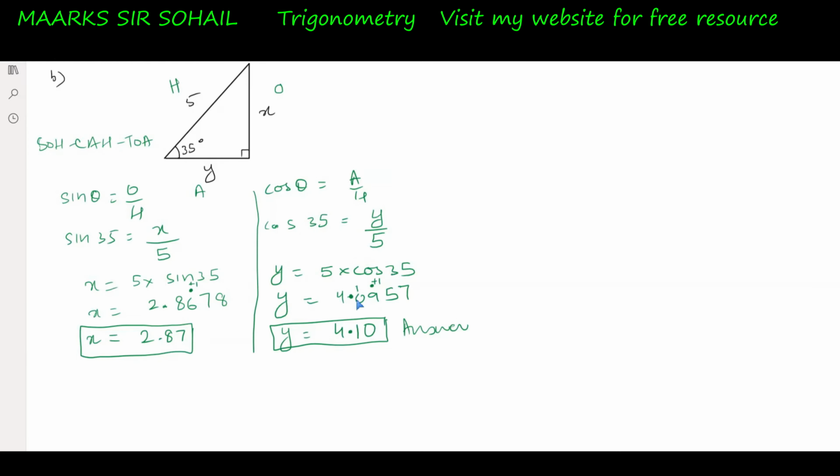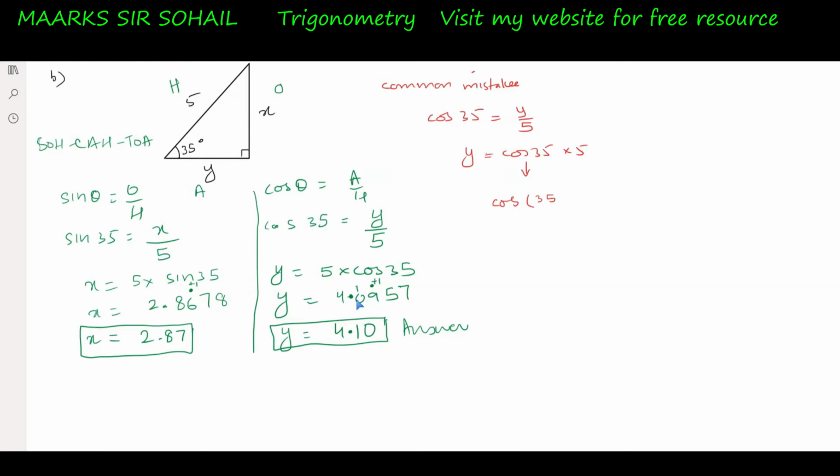Now one common mistake which students make, I'll tell you. When you are solving this in the calculator, for example, if cos 35 is equal to y upon 5, you can also write y is equal to cos 35 multiplied by 5. So this is simple, but when you write cos in the calculator, it opens the bracket automatically.